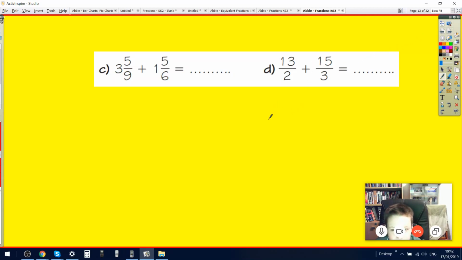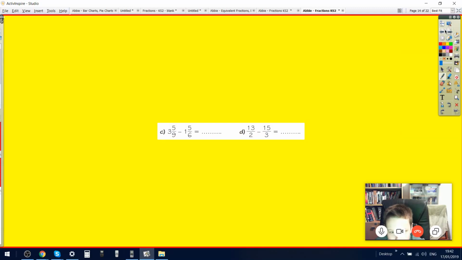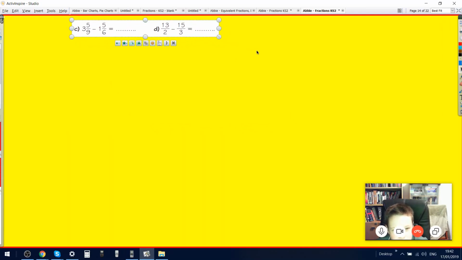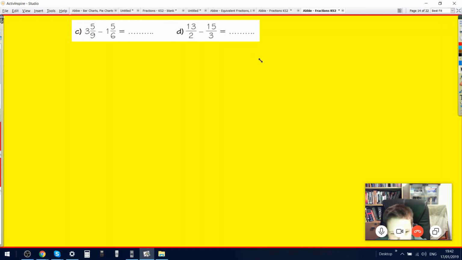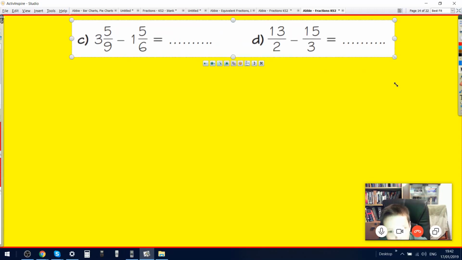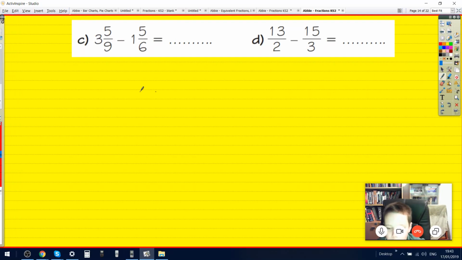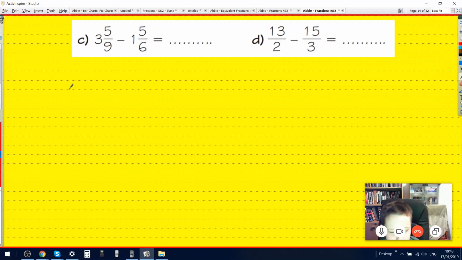How would you do the one on the right? No, it's quite similar. That one on the right. Let's do this one. It's a takeaway. Okay, so for D, it's 13 over 2, take away 15 over 3, and both of them are improper fractions. So you would need to make the denominators the same.